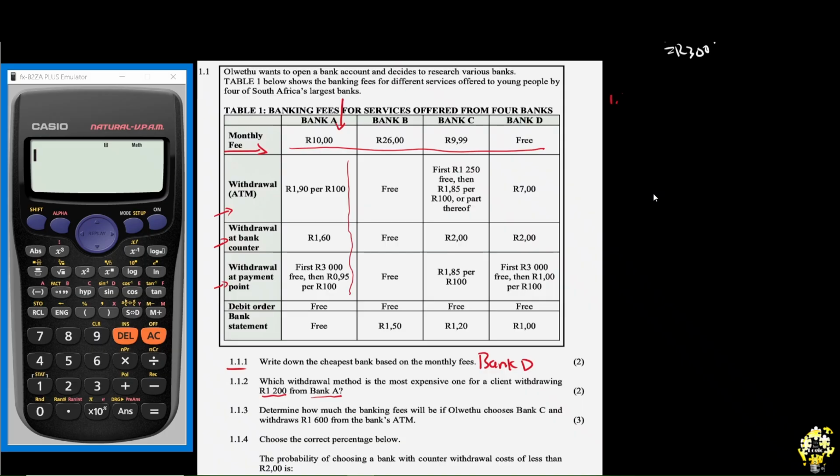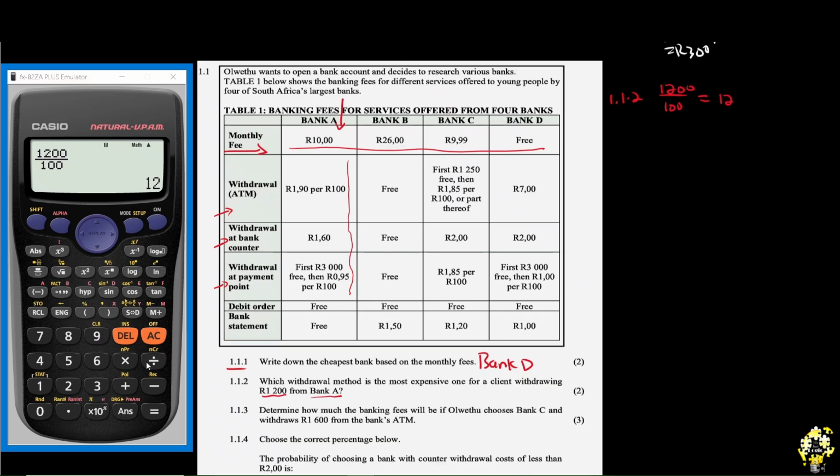Let's say 1.1.2. So how many 100 rands do we have in 1,200? To do that, we can say 1,200 divided by 100. So we are doing it at ATM first. So let's do this on our calculator. Now we can say, what is 1,200 when you divide it by 100? How many hundreds do we have? It says that we have 12.